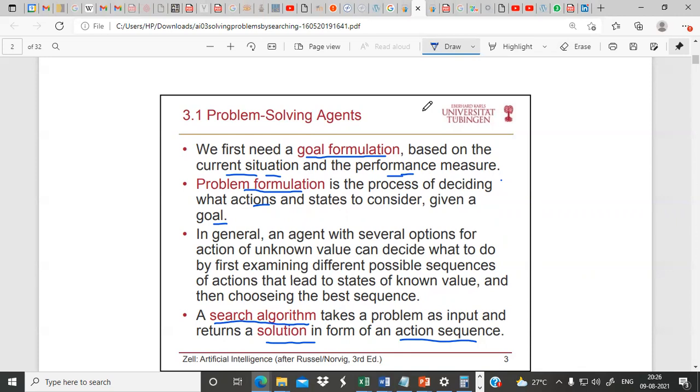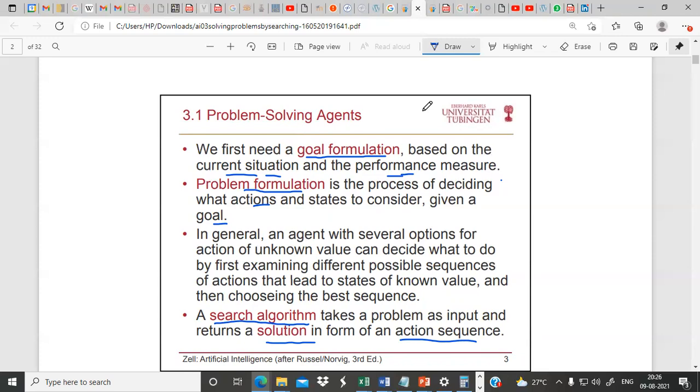So when you see any problem, you have to think: is it possible to convert this problem to a search problem or not? If it is possible, first you convert it to a search problem, and then give some inputs, and many search algorithms are already available in data structures, which will do the job of solving the problem. So that's what we are talking about here.